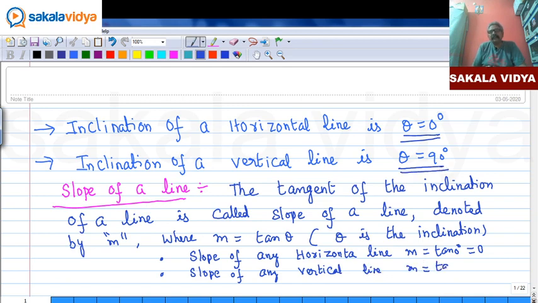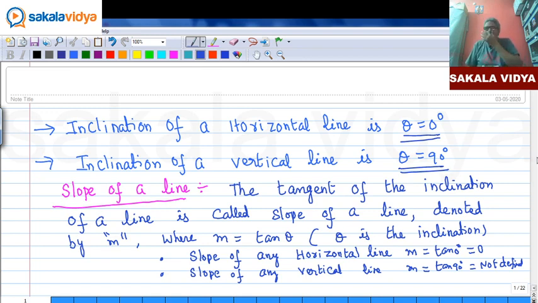So, tan 90 is not defined. That means slope of a vertical line is not defined. Slope of a horizontal line is 0. So, understood now. The slope is a ratio, it has no units, you remember. Slope does not have any units, whereas theta, the inclination, may be in degrees or radians.